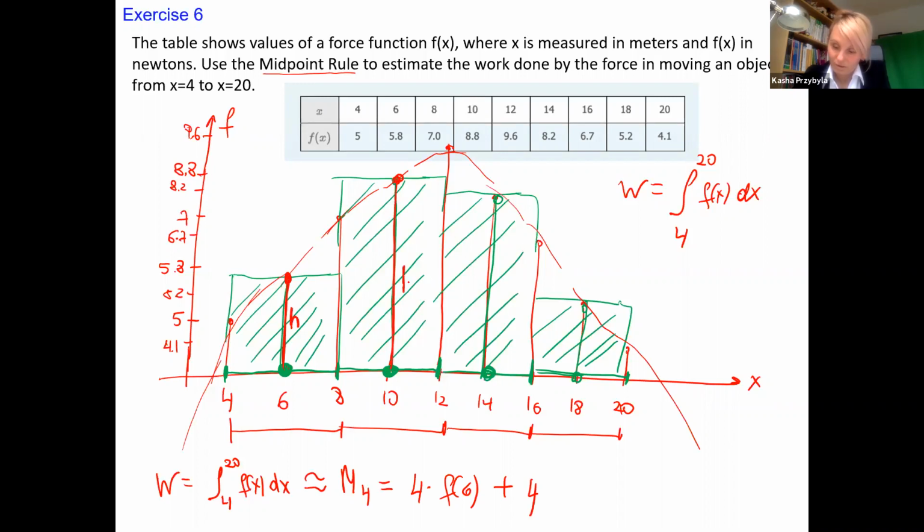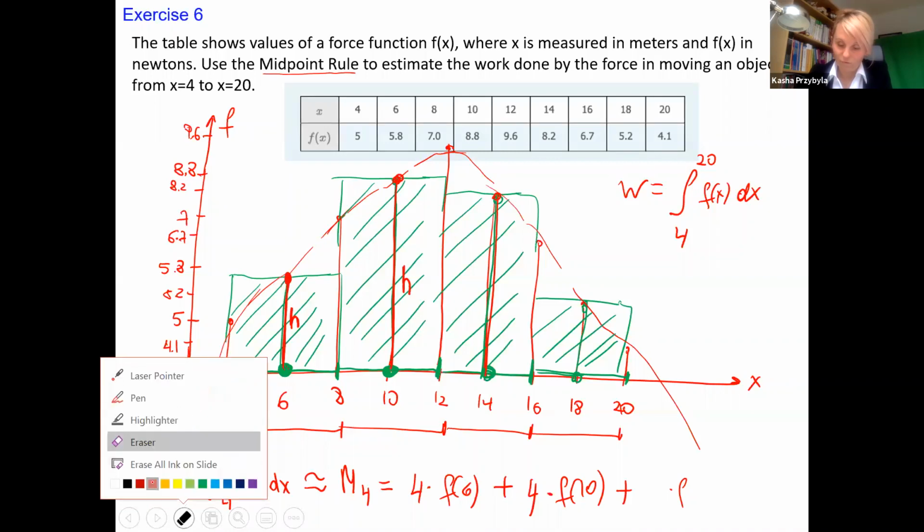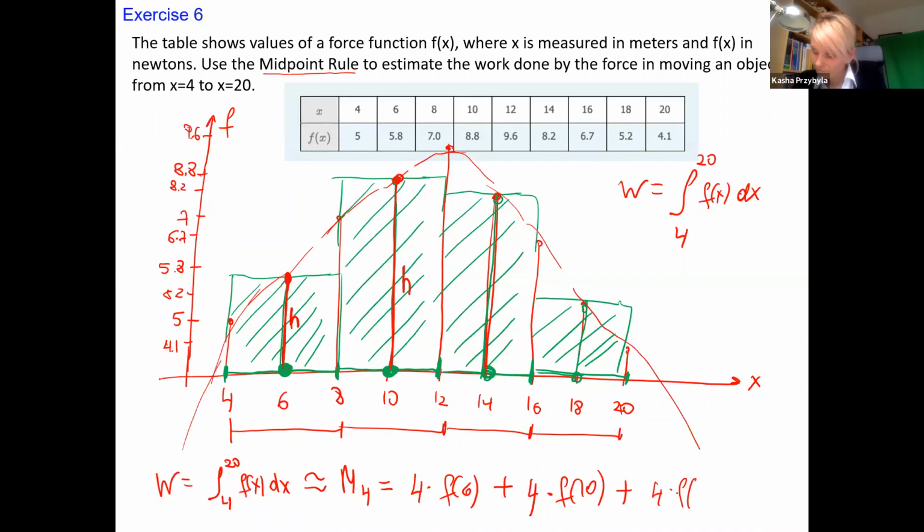And then 4, that means this will be the height. And then 4 times the value for 10. And then 4 times the value for 14. And the last one is the value for 18. And again, if it's your homework question, you may multiply everything and add together.